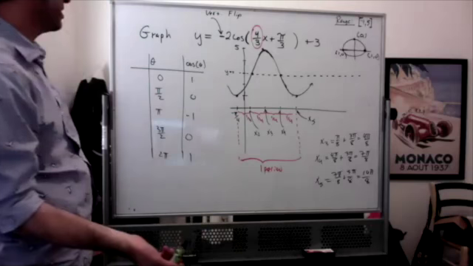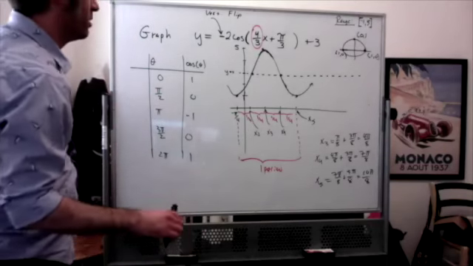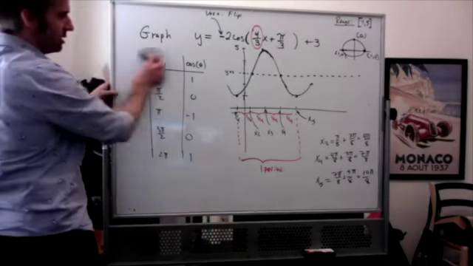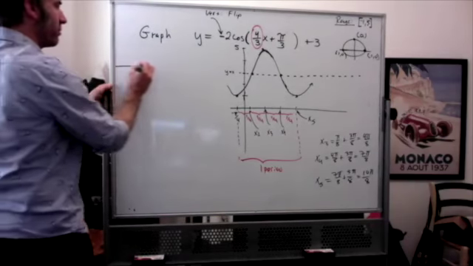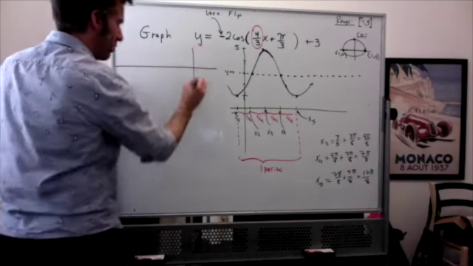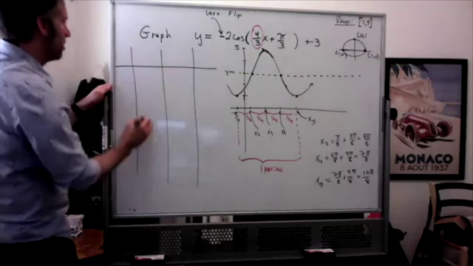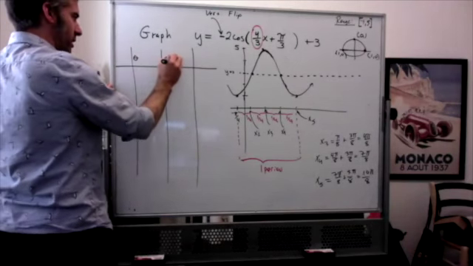Okay, I don't have enough room. That's the problem. So let me erase, I'm trying to make this work. Okay, so I want a column there. I think this will work. Okay, we'll see. So here's theta and cosine of theta.